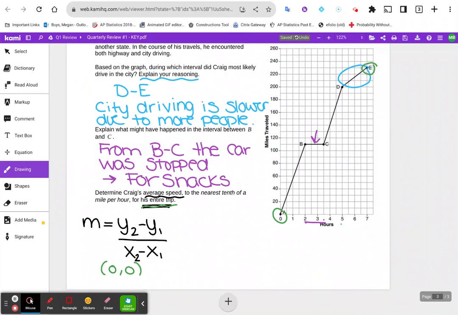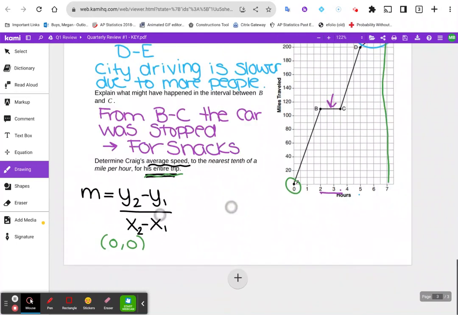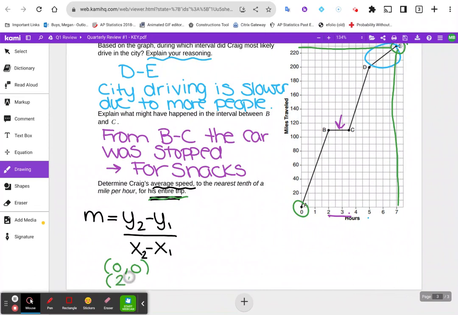Now, we finish this trip at 230 miles after 7 hours. I want to put the x value first. Silly me, almost wrote it in the wrong spot. 230 as the y. And so now we're just plugging into this formula.